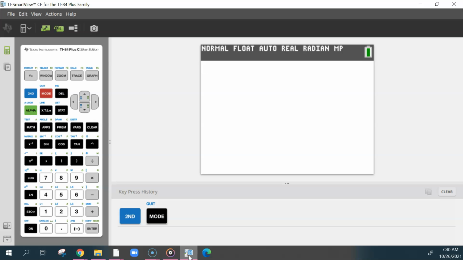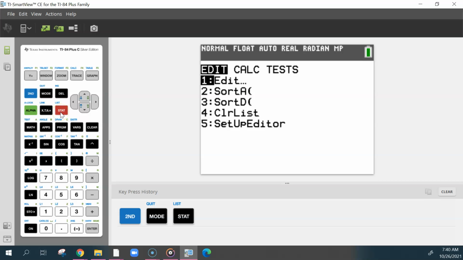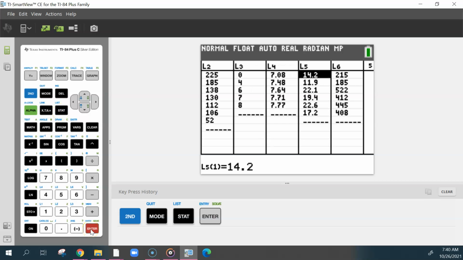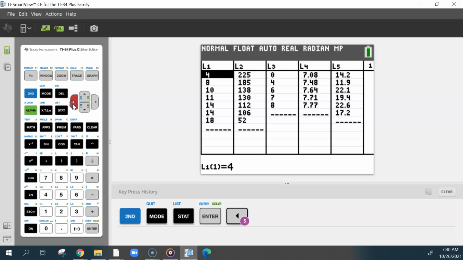So you would go to your stat, go to your edit, and put that data in. Again, I have all of this data in, but mine is in L1 and L2. I'll give you a second.